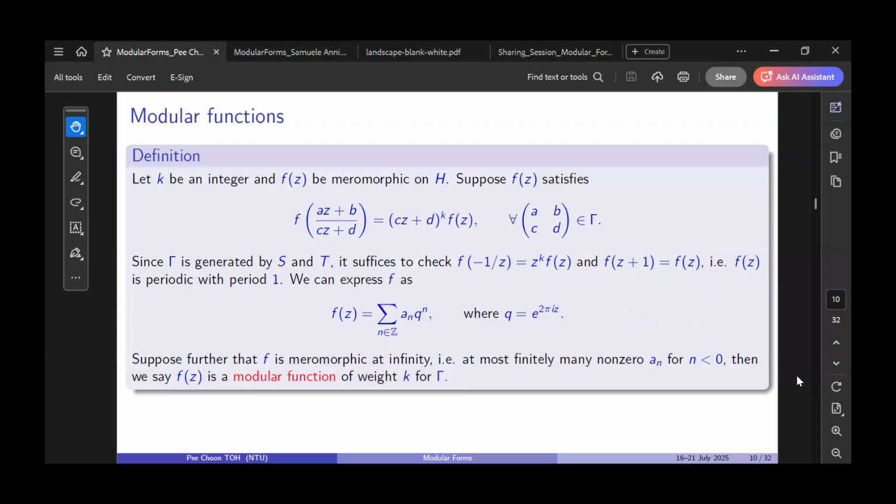So further, if f is meromorphic at infinity, there are at most finitely many non-zero a_n for n negative. So if this is a set, we have this from minus infinity to minus something, right?